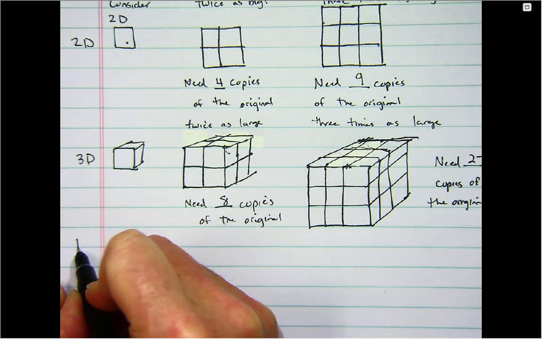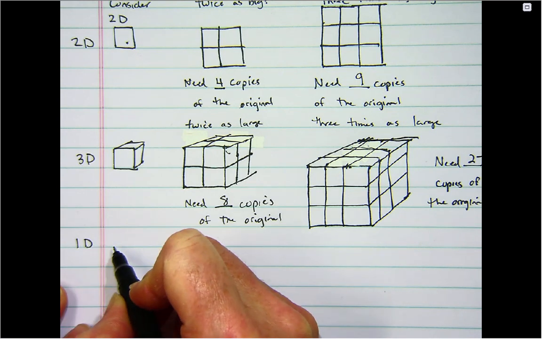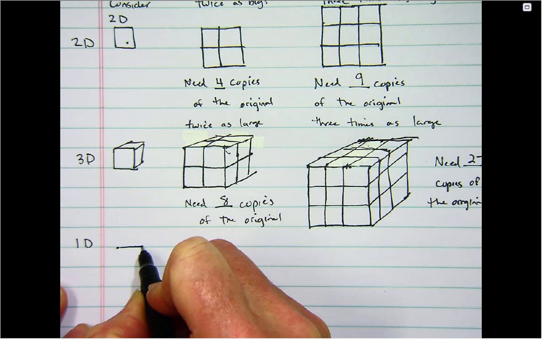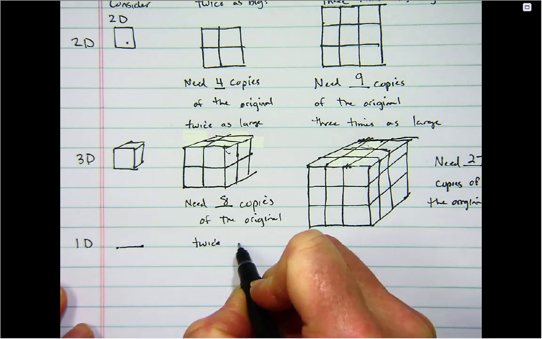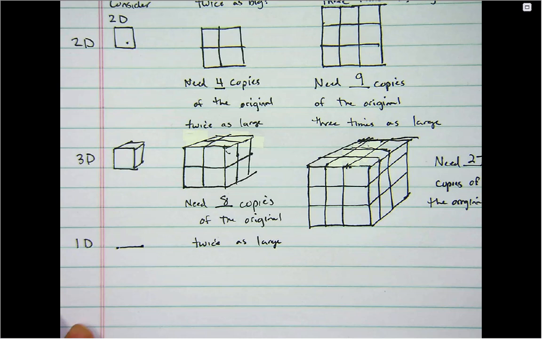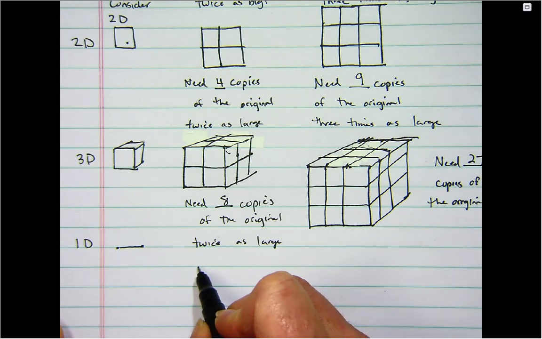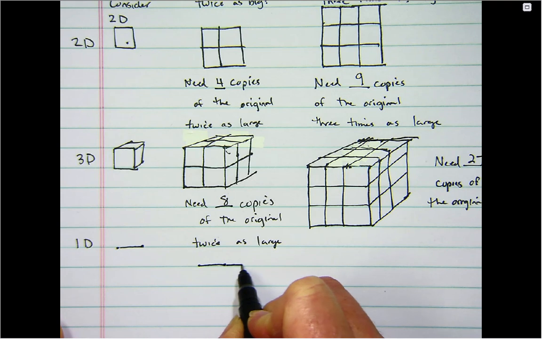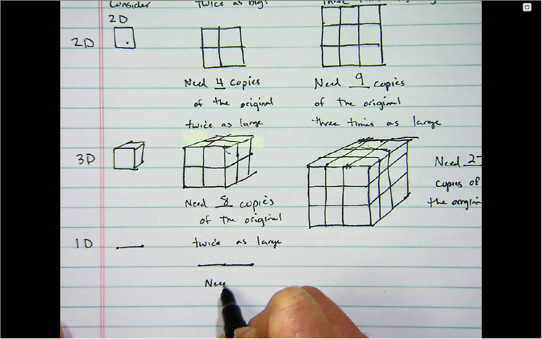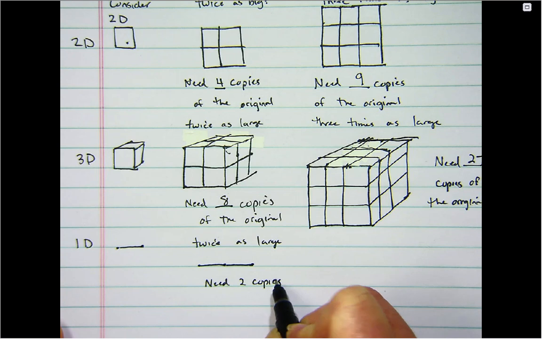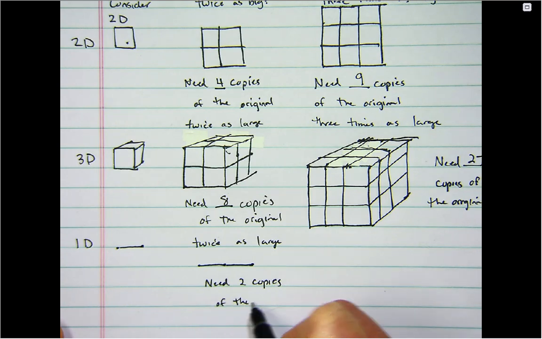Well, let's go ahead and take a look at a line. So we'll go back to one dimension now. So here's our original line. Make a line twice as large.